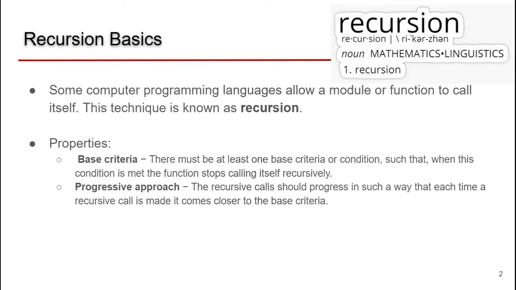Recursion has two properties that should be met when you want to use recursion. First of all, you need to have a base criteria. That means that you need to define a condition that breaks the loop. I mean, when you call the function inside itself, you may end up with an endless loop.